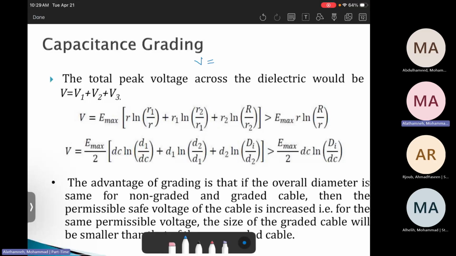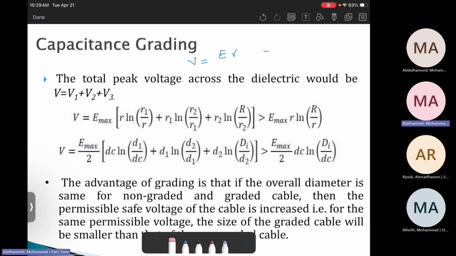V alone equals E times R ln of, I think it's the opposite, that's what's supposed to be, ln of R divided by r.